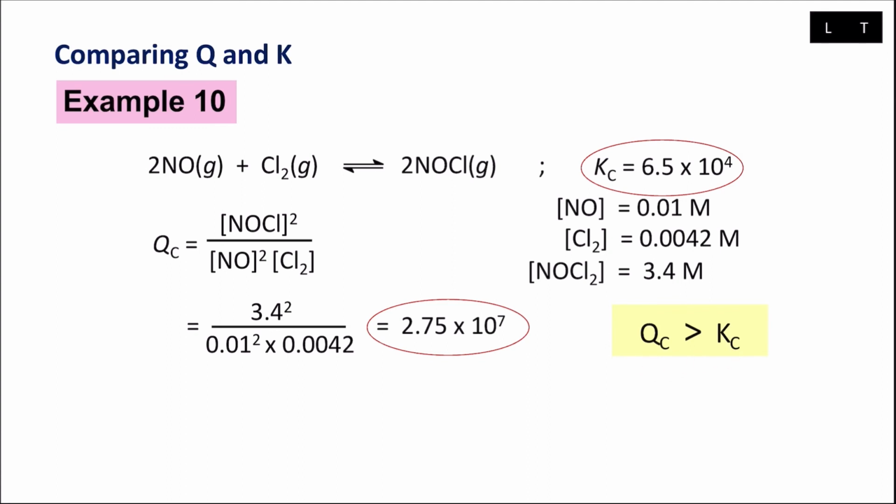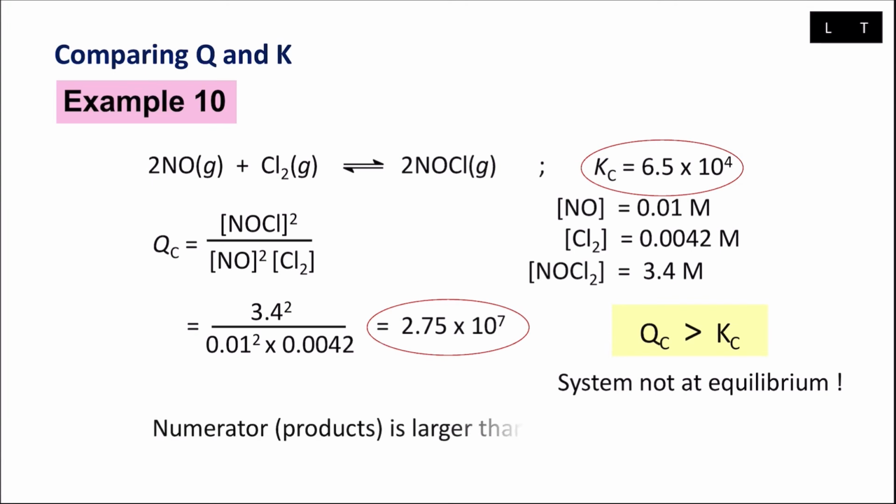Hence, we can state that this one, for this system, not at equilibrium yet. So, apabila Q lebih besar daripada K, so maknanya kita boleh conclude produk lagi banyak daripada reactant. So, your numerator, your product is larger. Numerator ni yang atas is larger than denominator, kita punya reactant.